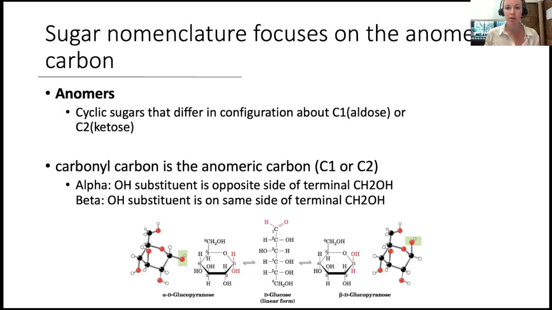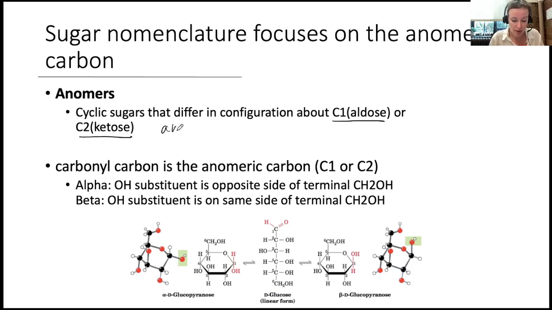So we're going to focus a bit more now on this last part of the slides where we're looking at what's happening at a carbon called the anomeric carbon. So a sugar anomer is any sugar that differs only about the anomeric carbon, which is carbon number 1 in an aldose or carbon number 2 in a ketose.